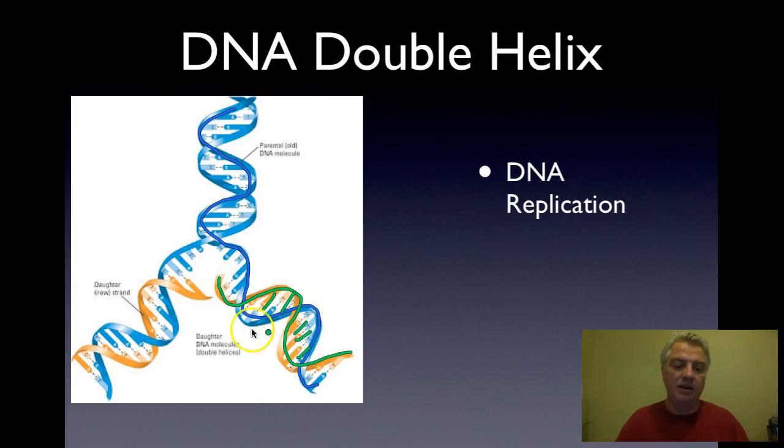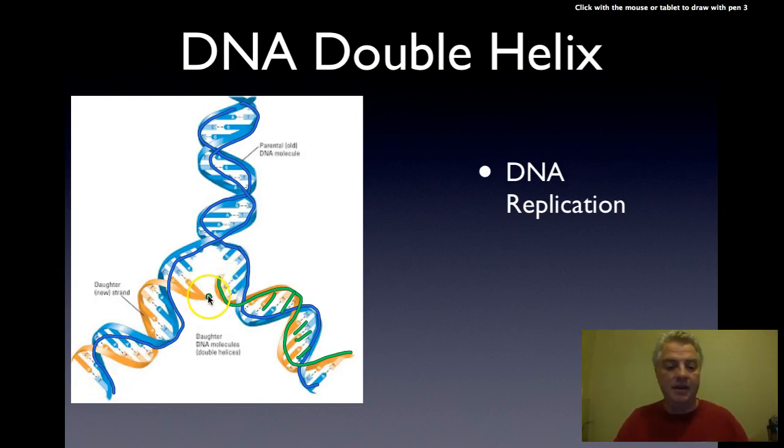Okay, and then this other side over here does the same thing. We can trace it down here, and it's going to uncoil and unzip at the same time this other one does. And then again, nucleotides will come in and pair up with that old strand, forming a new strand of DNA.